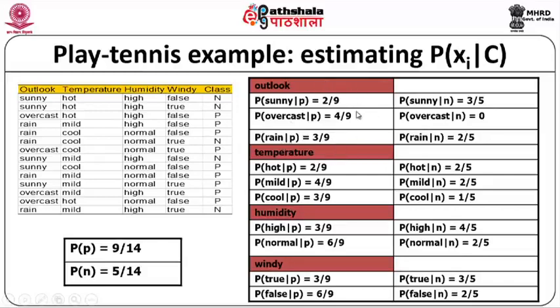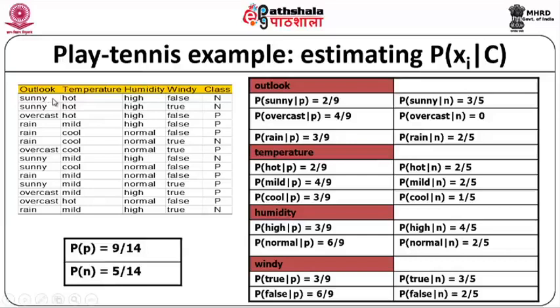Once we have computed the probability with respect to the class label p, then we will have to calculate the probability with respect to class label n. So now take those records that contain the class label n; there are 5 records. Identify among these 5 records how many contain the outlook parameter sunny.